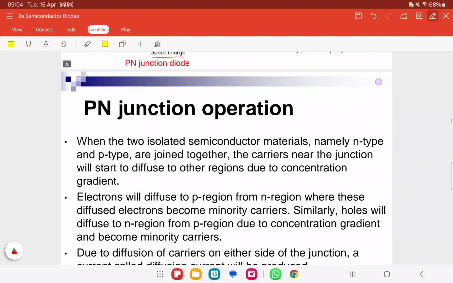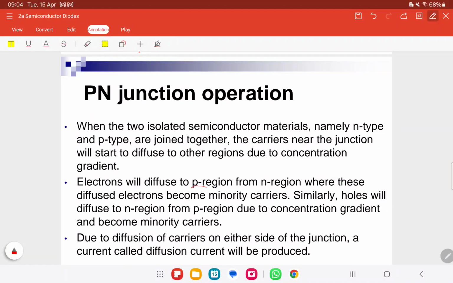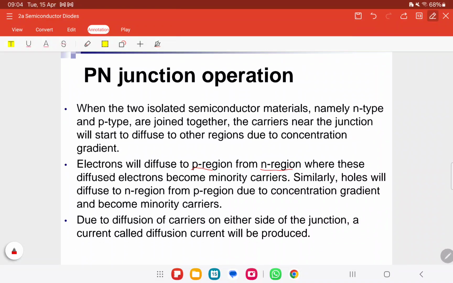The electrons will diffuse to P region from N region. So the diffusion electrons can produce diffusion current. But the diffusion current is a very small amount. So sometimes kita tak boleh nak measure pun sebab value dia sangat kecil. Tapi we know there is a diffusion current due to the movements of the electrons.